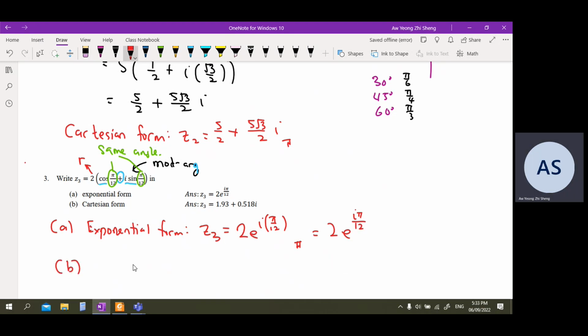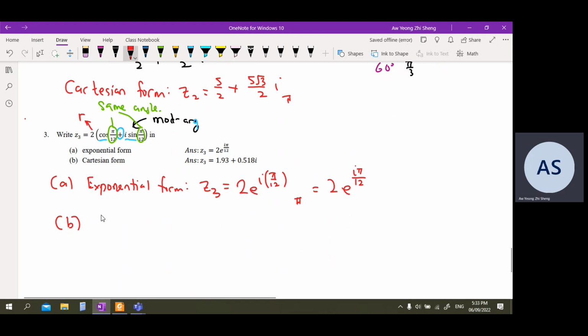For part B, Cartesian form, as mentioned in question 2 just now, it's easier to convert from modulus argument to Cartesian as compared to from exponential to Cartesian. Okay, so we'll use the modulus argument form to begin. 2 cos pi over 12 plus I sin pi over 12.